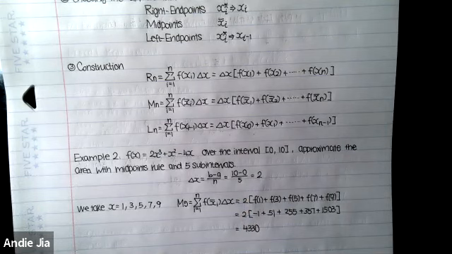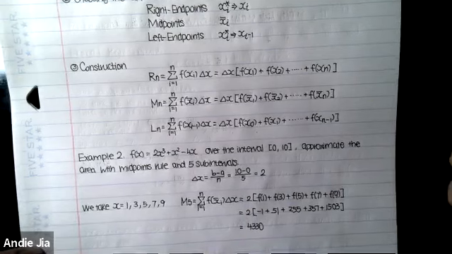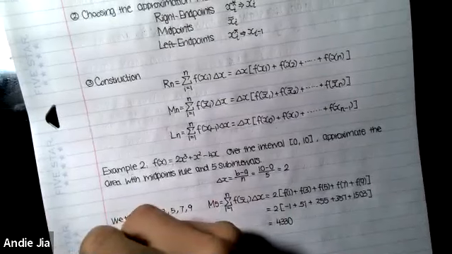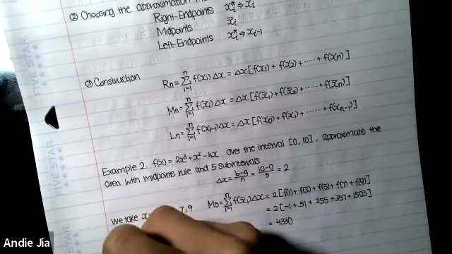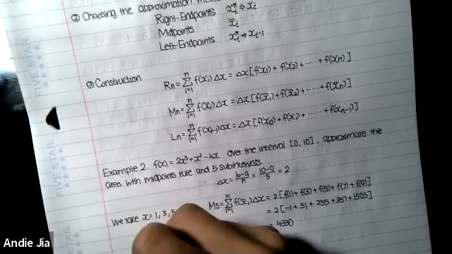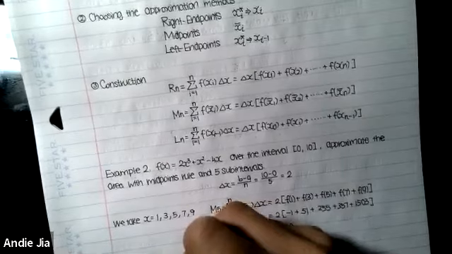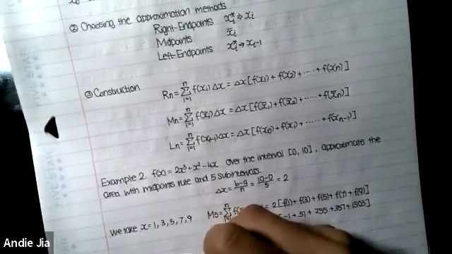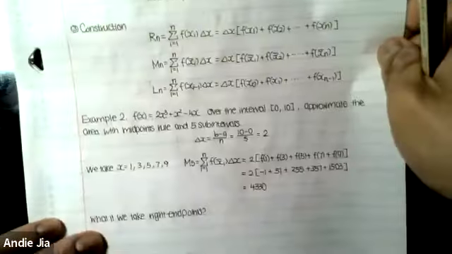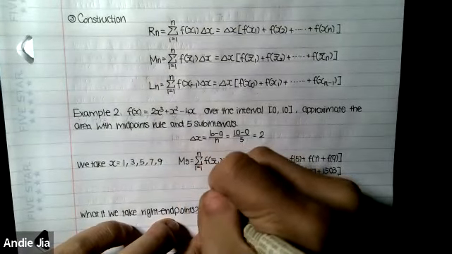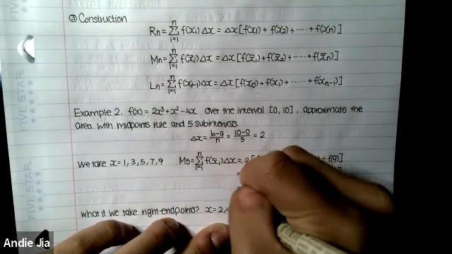If you do right endpoint, let's try it. In this case, we would take x equal to 2, 4, 6, 8, and 10.